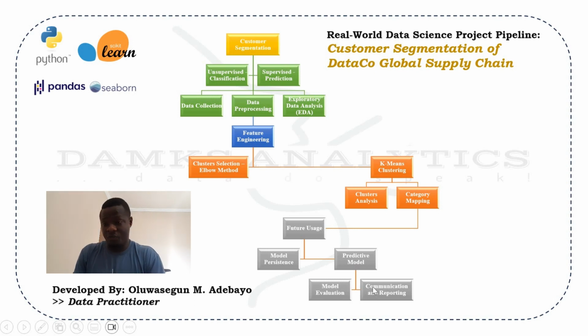Then, of course, we do some communication and reporting. So basically, that is the high-level explanation of this data science project. Now let's move right into our Jupyter notebook and start the coding afresh.